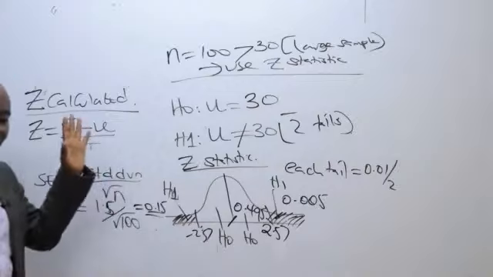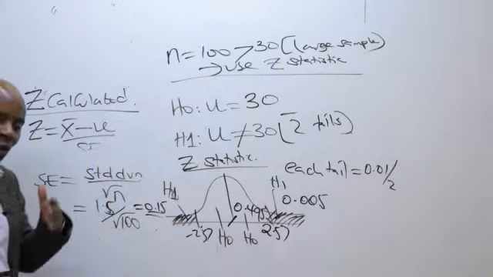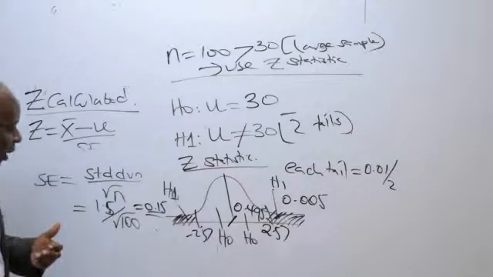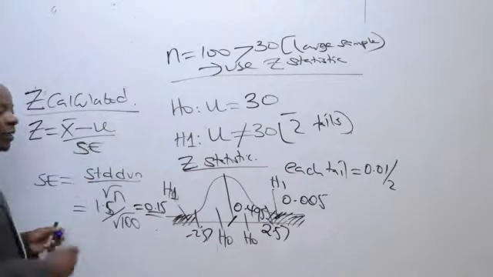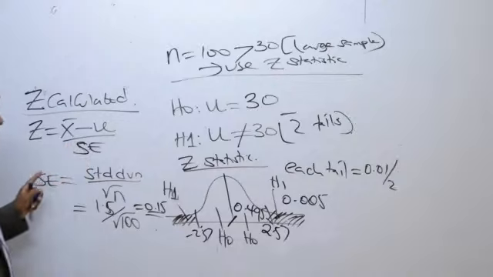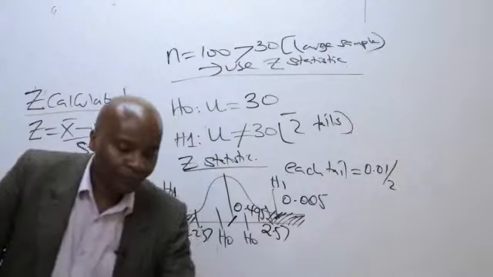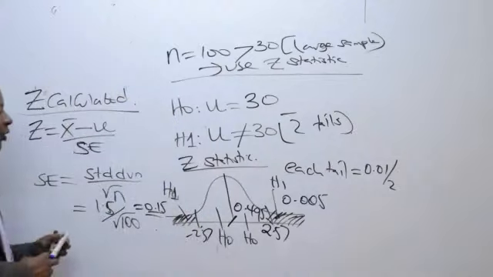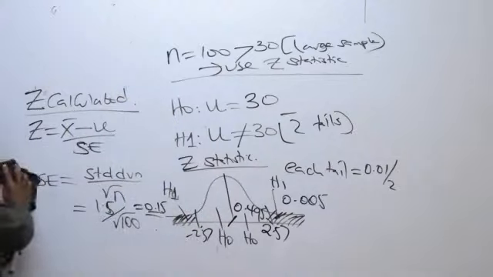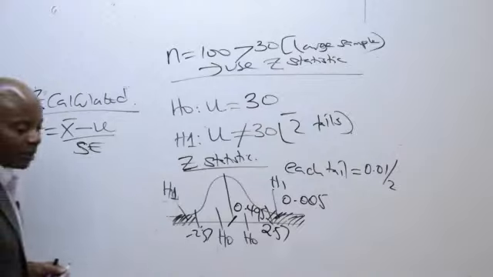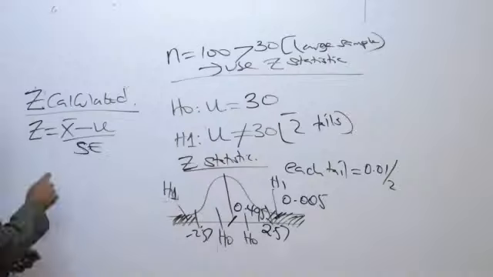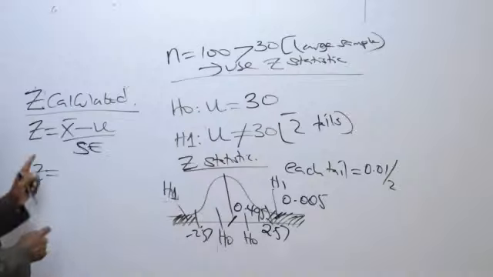Now, having gotten the standard error, I know where I'm supposed to be using it. So my z-score at the end of the day will be equal to what? My z-score should be equal to x bar.